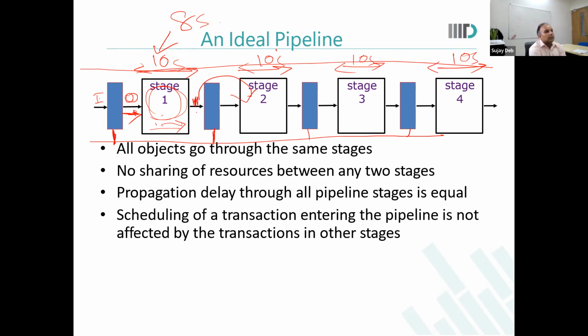Think about it as your car. The car at the first stage is waiting here. As soon as the gate opens, it moves to here, and then it takes 10 seconds to get ready for the next stage. By 10 seconds it reaches here, and after 10 seconds, as the gate opens, the same car which was here earlier has moved here.